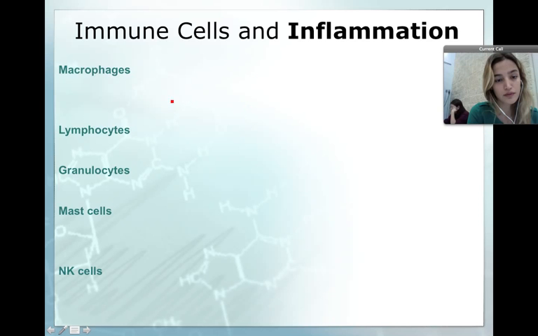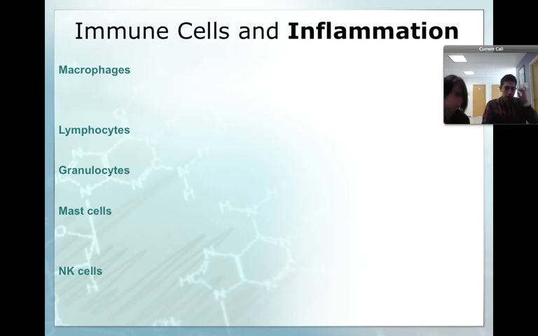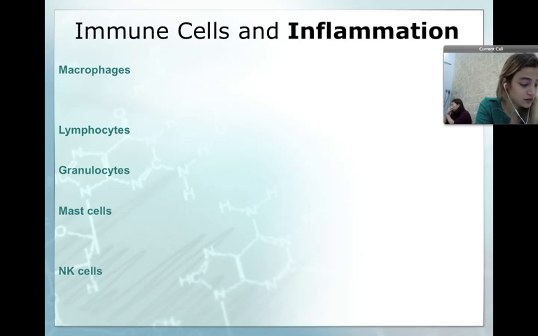So macrophages: macro means big, phage means eater. These are cells that ingest a lot of other things. They regulate the immune response by presenting antigens to immune cells. They produce a lot of cytokines, small proteins that regulate the activity and division of other immune cells. The immune system is its own world, right?